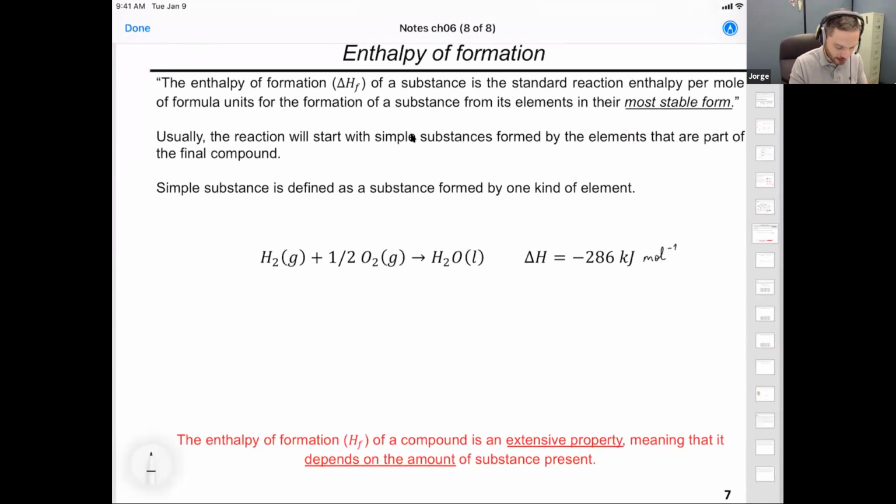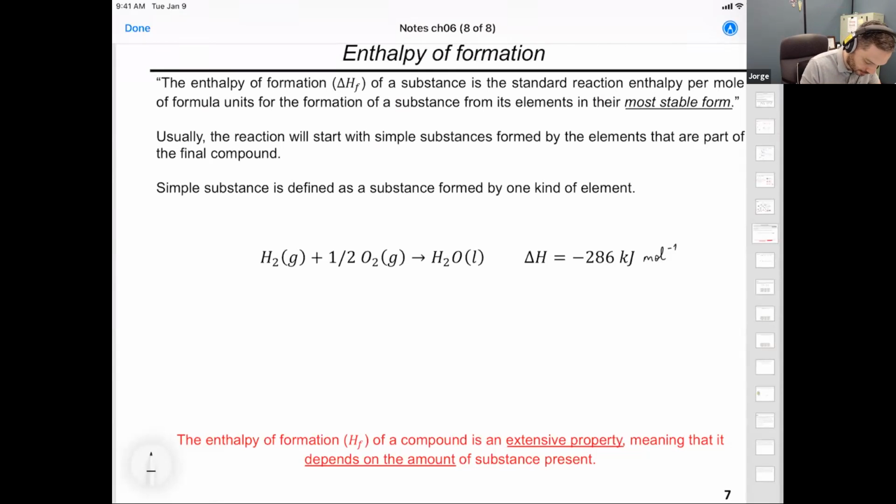Again, we must start with simple substances, which are substances formed by only one kind of element, and the only product has to be a complex substance. By definition, the energy of a simple substance is always zero.